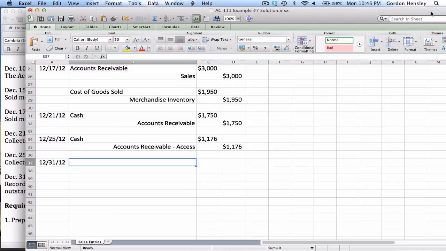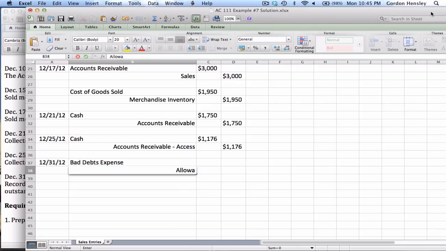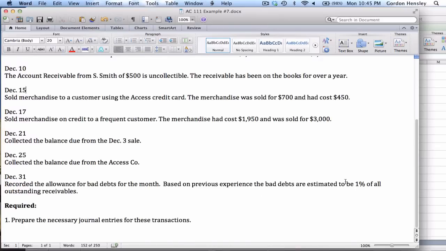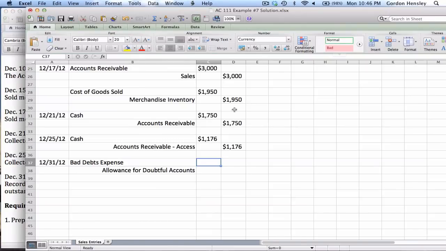Whenever I do the allowance method, I debit bad debts expense, and then I credit the allowance for doubtful accounts. Now, every company has their own way of estimating that. What was their way? 1% of all outstanding receivables.